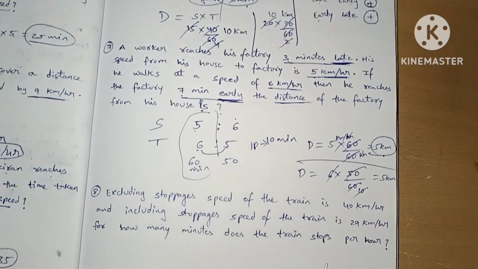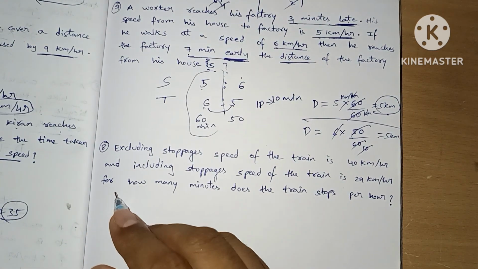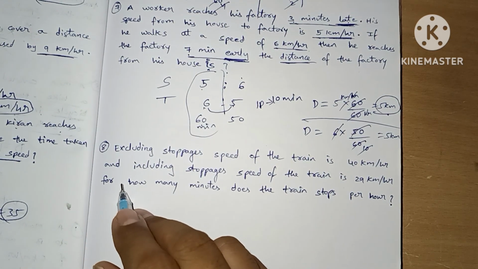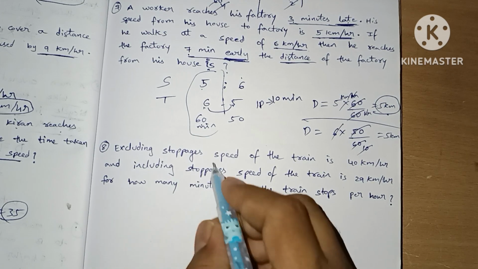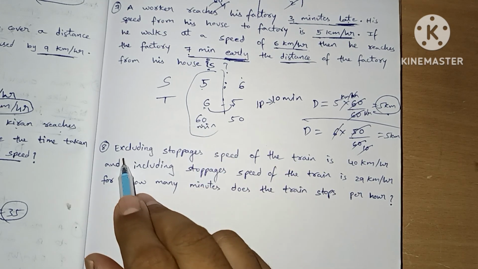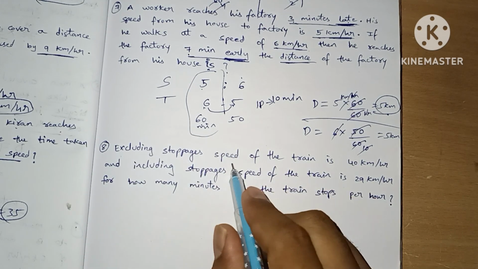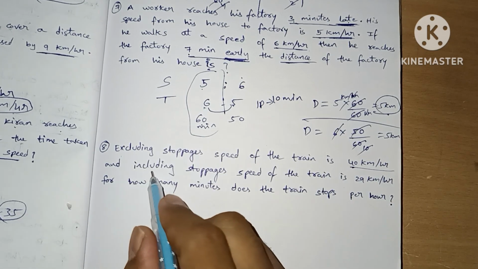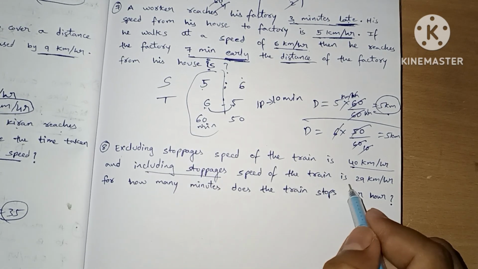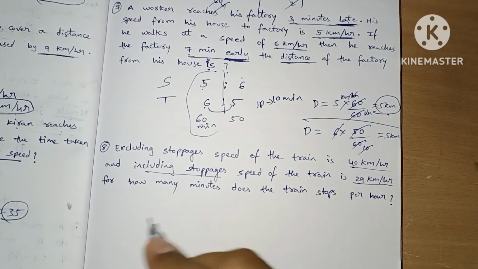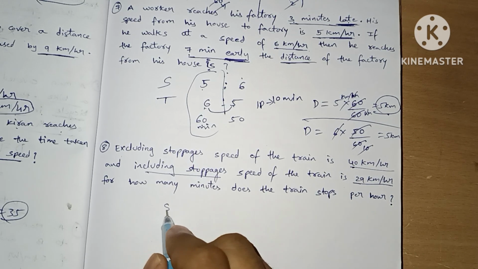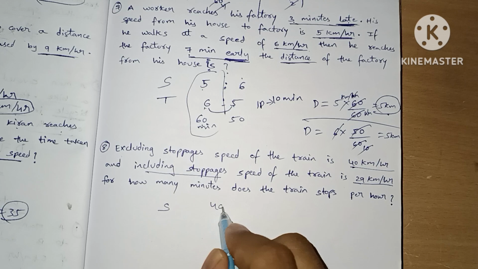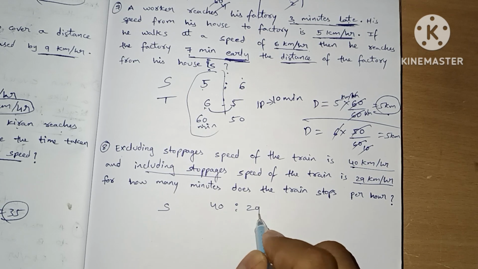Let's see the final question in this topic, where distance is constant. Excluding stoppages, the speed of the train is 40 kilometers per hour, and including stoppages, the speed of the train is 29 kilometers per hour.